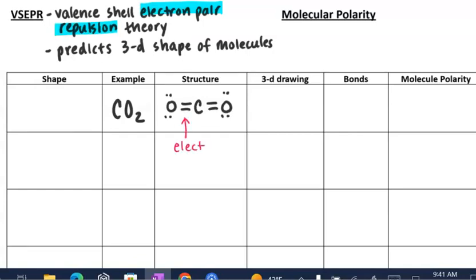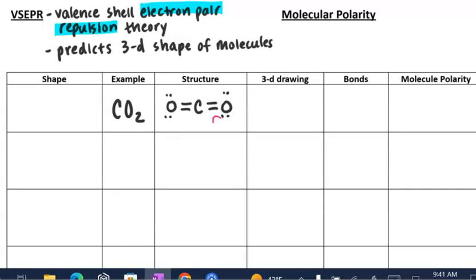So these are electrons here, and these are electrons here. Now, why is that important? Well, since those electrons have negative charges, and so do these, those electrons are not going to be next to each other if at all possible. In fact, the molecule is going to completely rearrange itself, so completely move the bonds around, so those electrons are as far apart as possible.